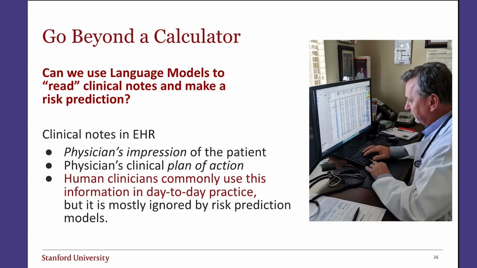Clinical notes in the electronic health record contain information that doesn't really exist anywhere else. They contain a physician's assessment and impression of the patient, how they're thinking about the patient, and the clinician's plan of action given the current state. And as a human, when I practice, I go into the electronic health record.